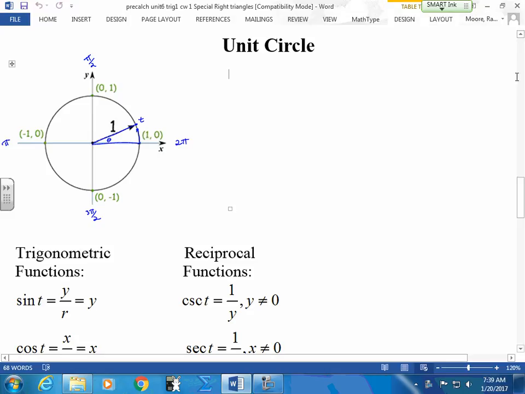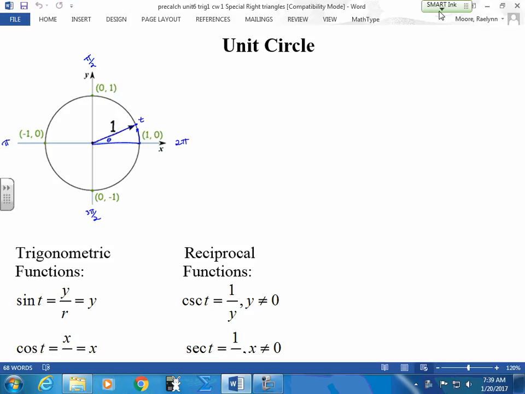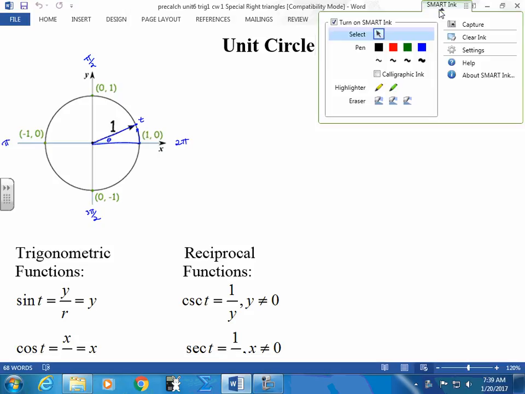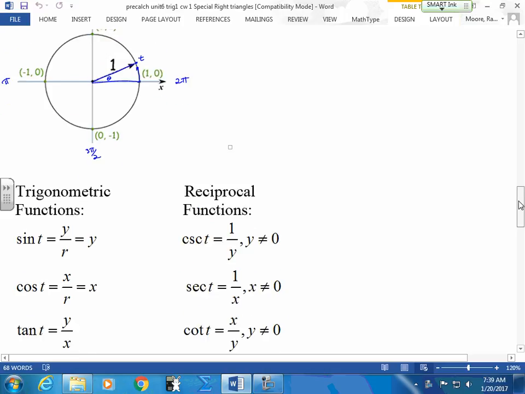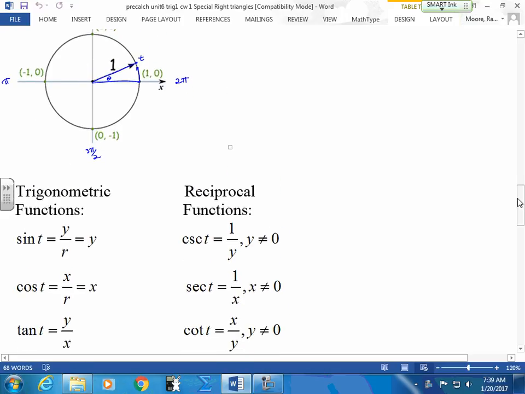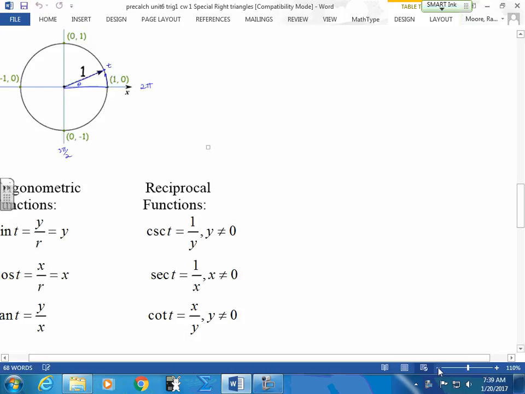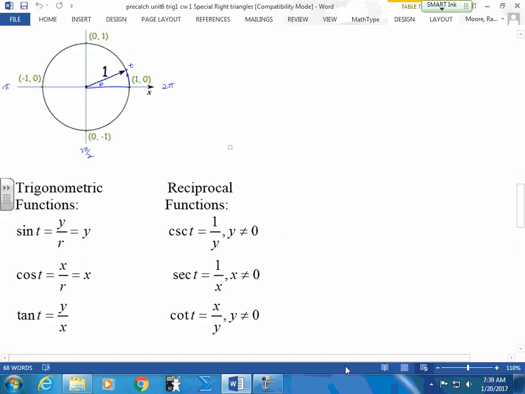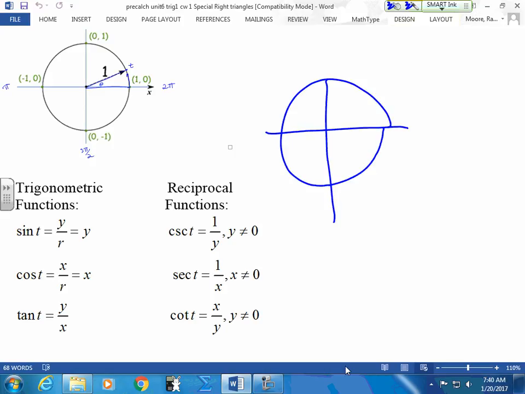The unit circle is the one thing that we probably use the most. All angles, when we start with the unit circle, rotate, unless we say otherwise, counterclockwise.